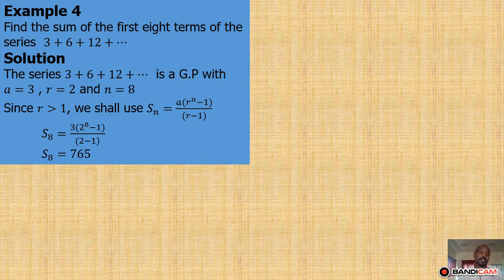In this case, since r is greater than 1, we shall use the expression Sn equals a(r^n minus 1) over r minus 1. Substituting in that expression, we end up getting S8 equals 765. So therefore the sum of the first 8 terms of the series 3 plus 6 plus 12 is 765.